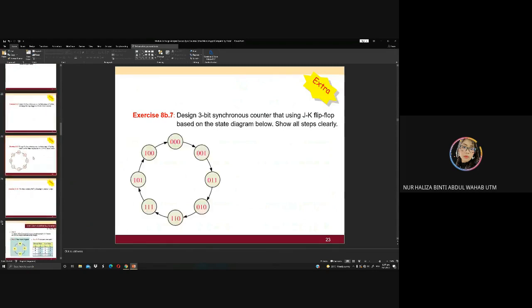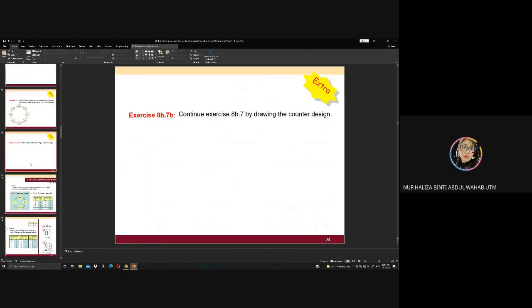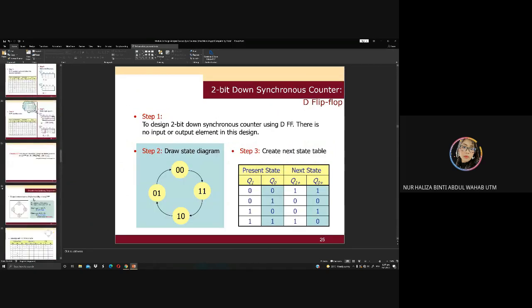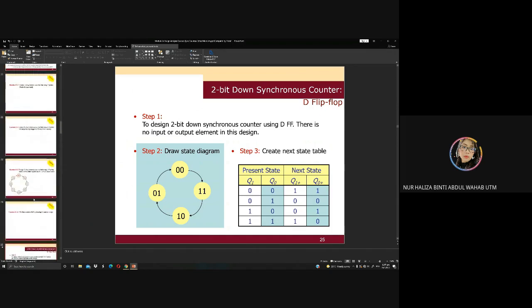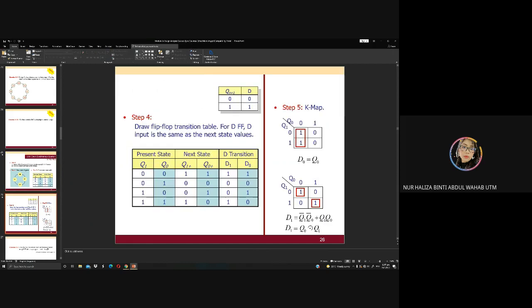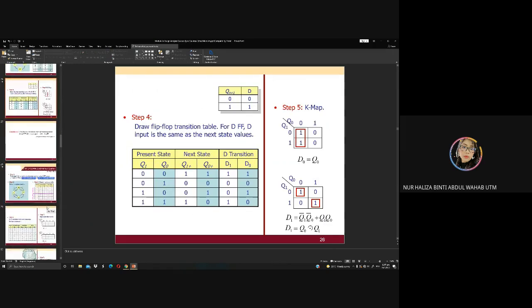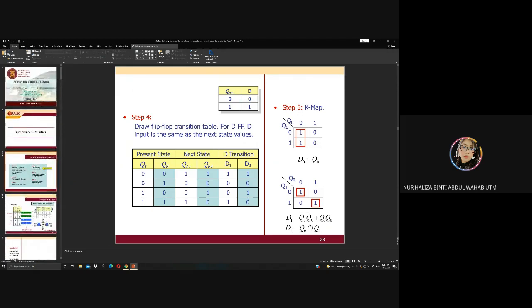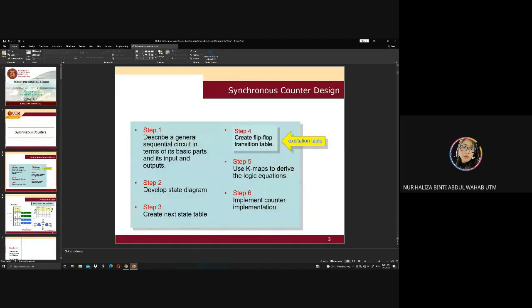Later, we're going to discuss in the Jamboard in our next class tomorrow. Any question? Tomorrow we will continue with our 2-bit counting down synchronized counter. Basically, it's all similar, following the similar steps. As long as you understand these 6 steps, you can come up with the answer.